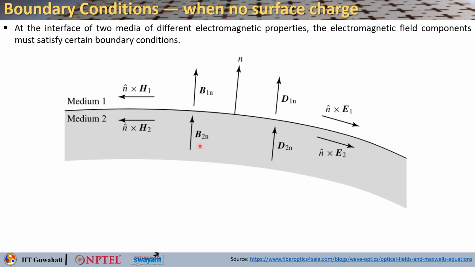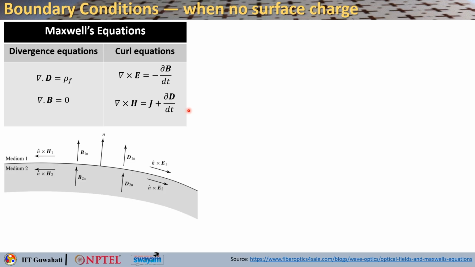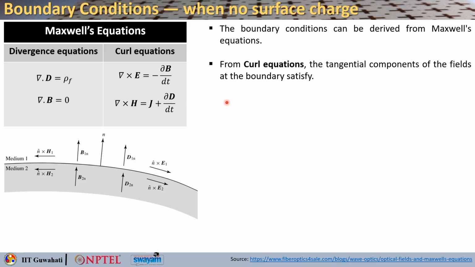These boundary conditions can basically be derived from Maxwell's equations. Here is a quick glimpse of Maxwell's equations. As we know, there are two divergence and two curl equations. We can start by taking the curl equations, and you can see that the tangential components are obtained as the cross product of the normal vector with the electric field vector or the magnetic field vector.